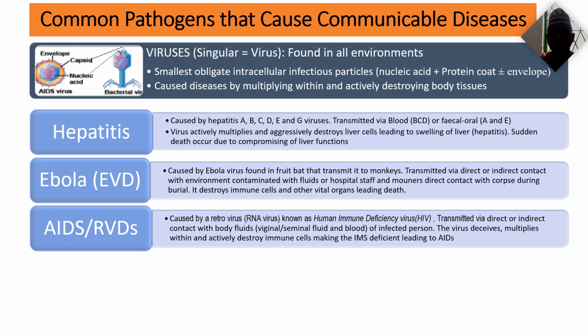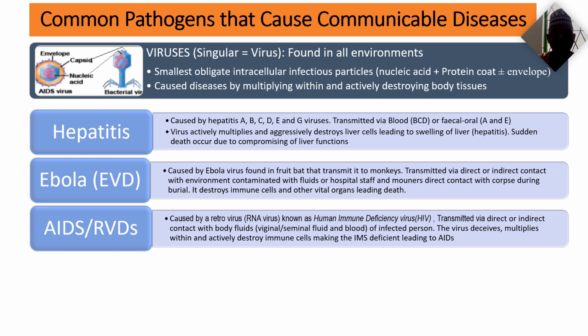That is, just as the name implies, acquired immune deficiency syndrome. So leading to multiple effects in the body, which finally may lead to the death of the patient if untreated.